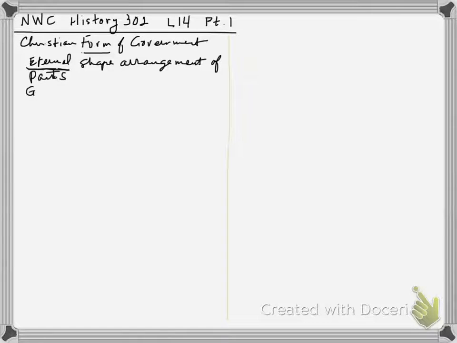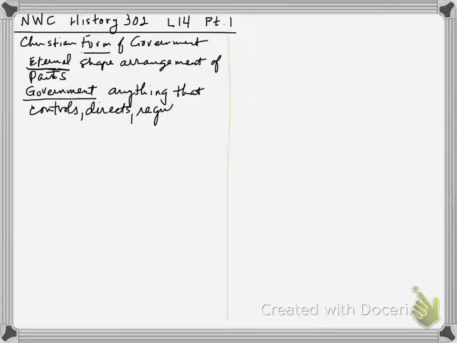And then government is one that we for sure want to know Webster's definition for. Government is anything that does four things. It's anything that controls, directs, regulates, or restrains anything else.